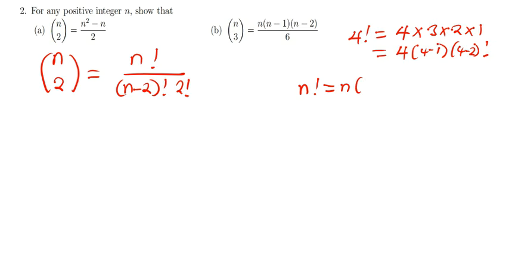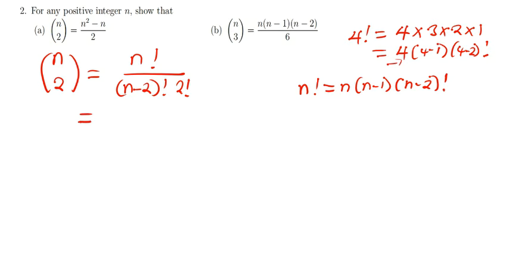So the next one is going to be n minus 1. This is the same principle that I was giving you here. So if I decide to end there, I'll put factorial. But in this case, I'm not going to end there because I want n minus 2 to appear. Next, I'll say n minus 2. Because I want to eliminate n minus 2 down, I'll end there and put factorial. So where there is n factorial, I'm going to replace it with this.